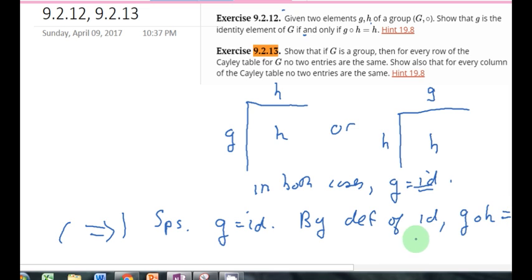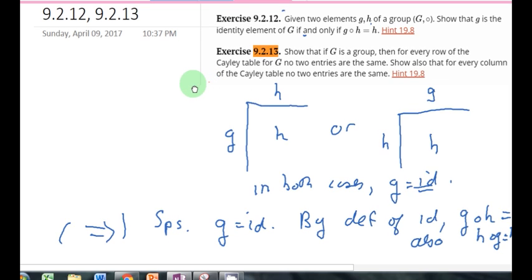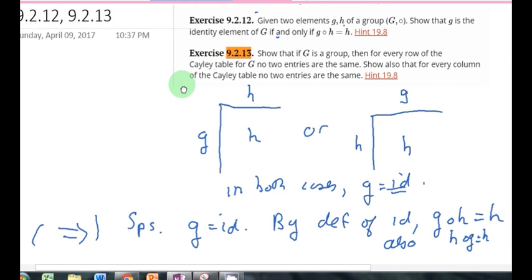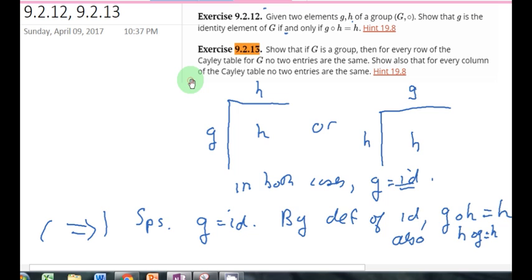And in fact, you also have H composed G is going to be equal to H as well. Looks like I went a little bit off the edge there. Let me move over so you can see what I'm doing. All right, so that shows the forward direction.